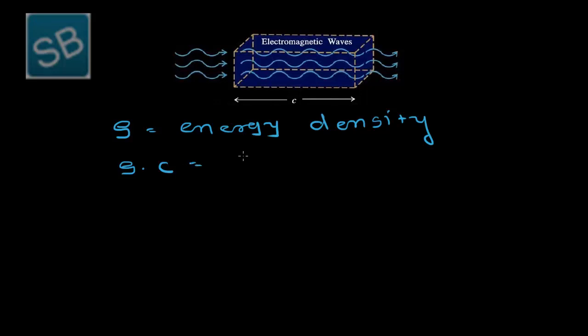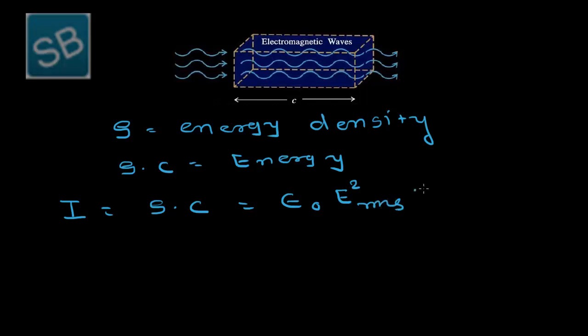Therefore, this is the energy. And intensity is now defined as the energy which we want. That is equal to, now substituting the value of rho in terms of E square RMS, into c. So this is the first equation. Similarly, we can obtain I is equal to B square RMS into c over mu 0.